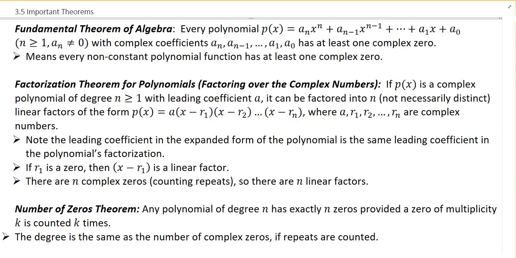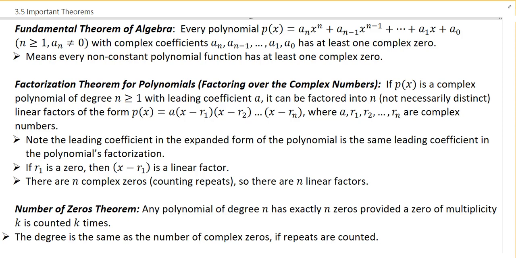And then if there are n zeros, then there's going to be n linear factors. If the zero is, let's call it R1, then the factor that relates to it is x minus R1. If the zero is R2, then the factor relating to it is x minus R2, all the way up through all n zeros that you have. So there would be n factors.